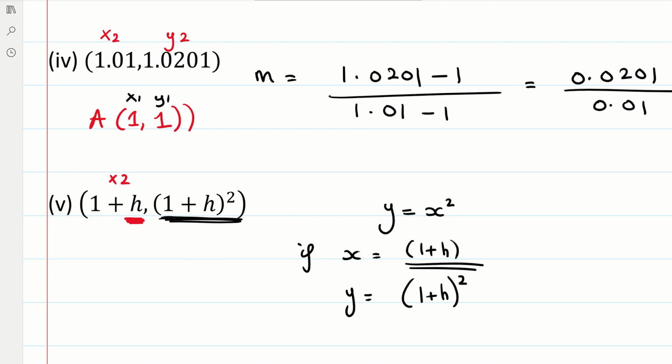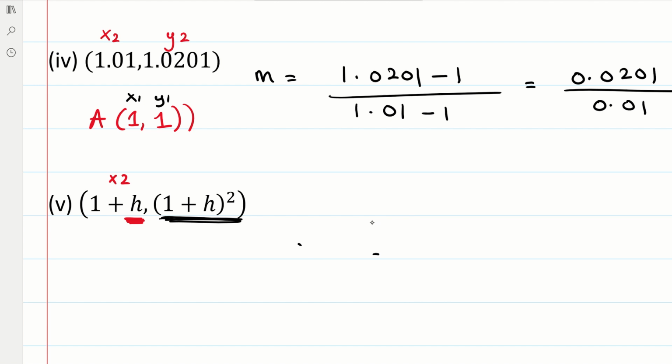It's not a random thing, it's connected, because y is connected to the value of x when you substitute it into the equation of the graph. So that's x2 and that's y2.